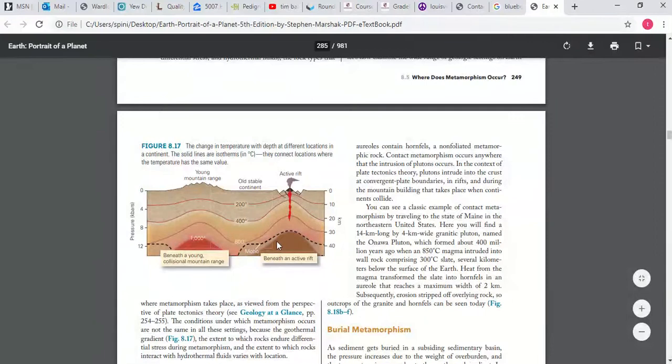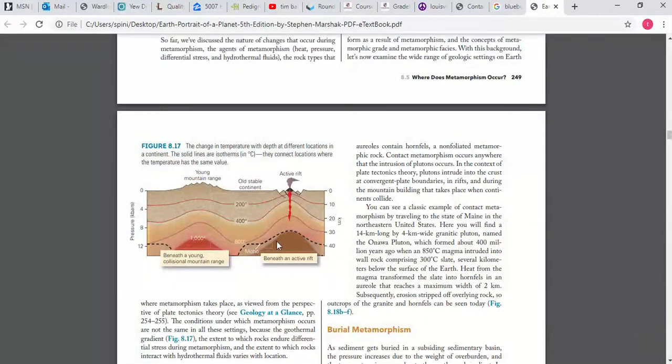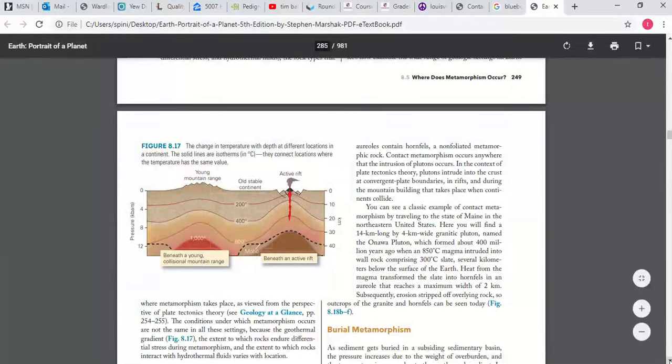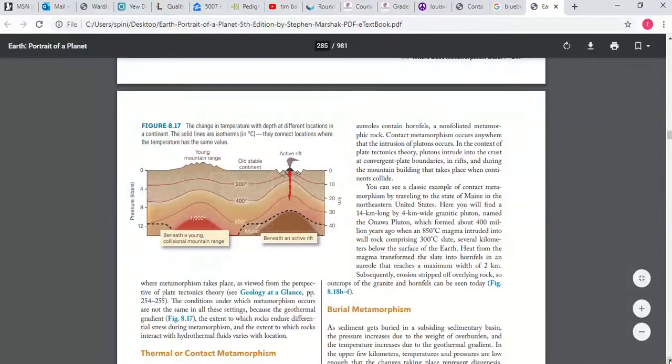So we can see metamorphic rocks in both areas, can't we? Where we have a lot of pressure, which can create temperature, and places where we don't have a lot of pressure, but the fact that the rocks are coming apart and we're getting this molten material coming up from the mantle, that we can see these metamorphic rocks in these areas as well.